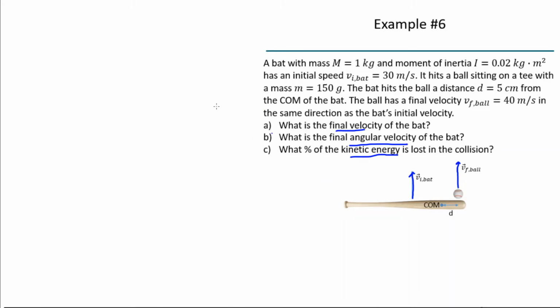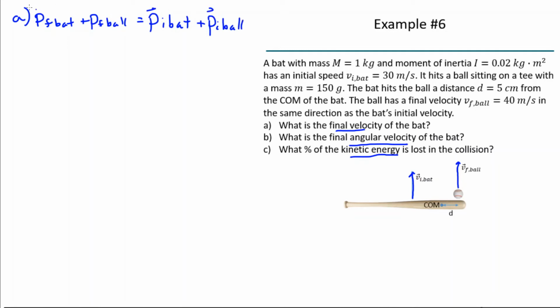Okay. So for part A, if we want to find the final velocity of the bat, all we need to do is use conservation of linear momentum. So we have, let's call it P final bat plus P final ball equals P initial bat plus P initial ball. These are all vectors.